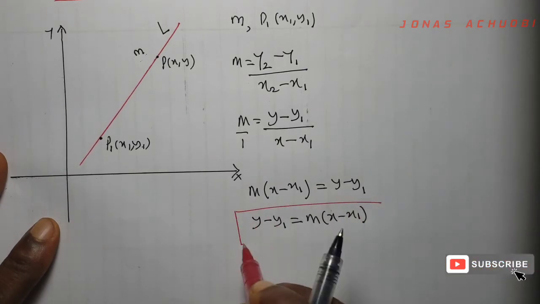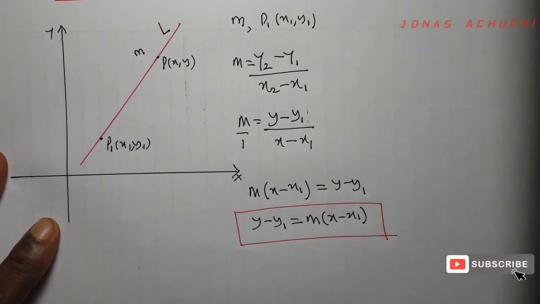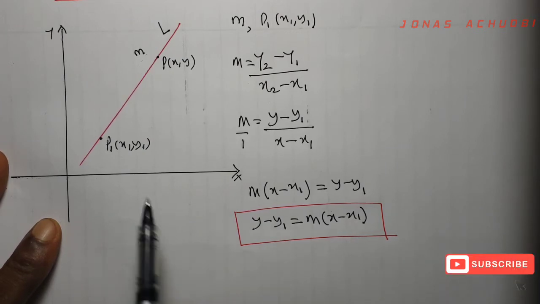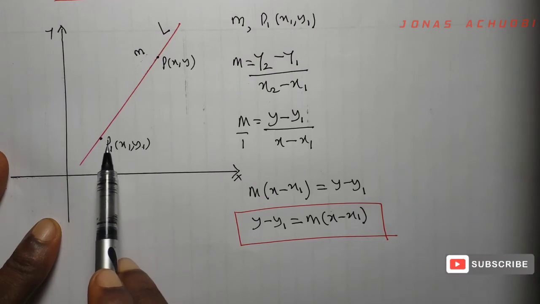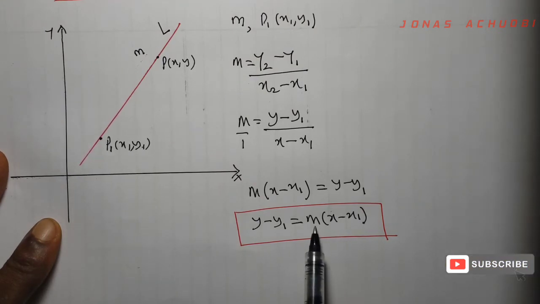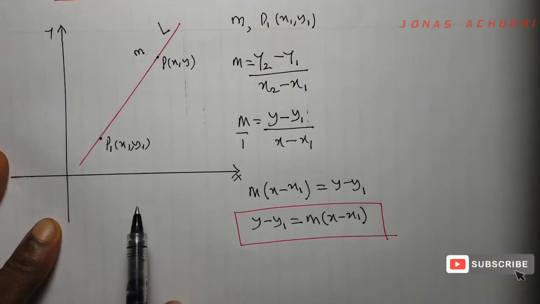This equation just obtained is what we refer to as the point slope form equation of a straight line. Looking at this equation carefully, you observe that (x1, y1) are the coordinates of the point which we know on the line, and m is the slope of the line.